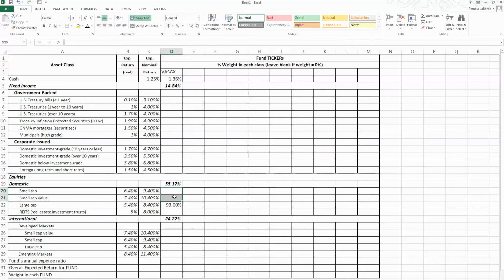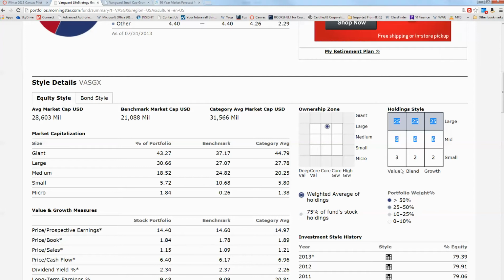That tells me then that 7% has to be allocated across small caps, but they've broken small caps into 2 special categories. They've got small cap value and just regular small cap. So I'm going to say the regular small cap represents small cap blend and small cap growth. So popping over here, small cap blend and growth. Oh, it's hard to highlight.